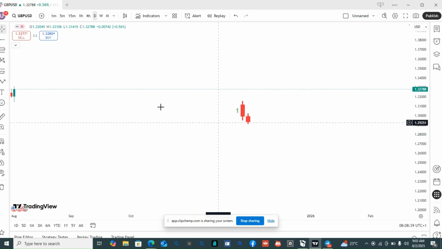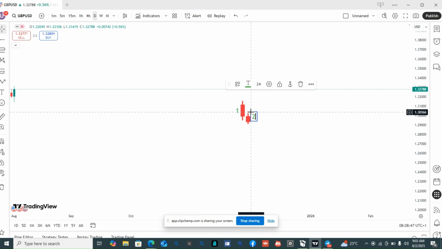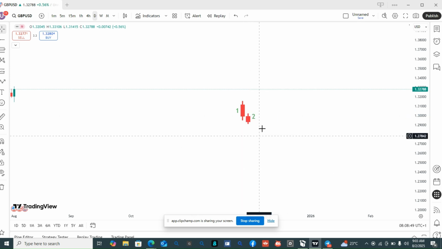This one is your second candle, the second day. Once you come on your chart and notice a bearish engulf candle like this, that is the third day, you'll be looking for a sell opportunity.